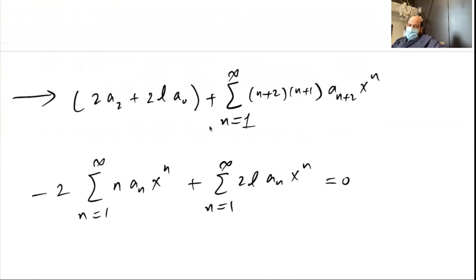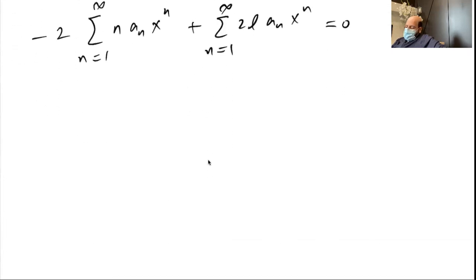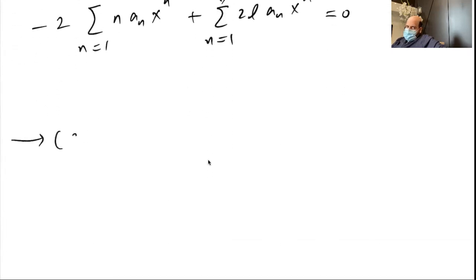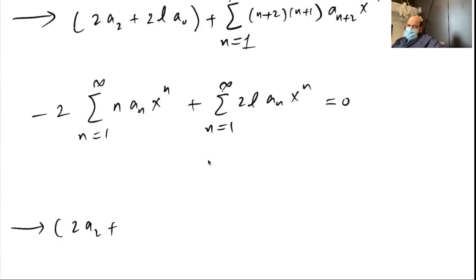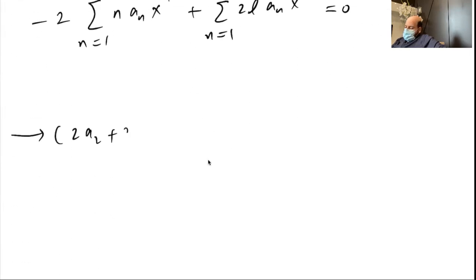So now all these three sigmas have the same starting index and same power for x to the power n. So they can be combined together. So I can say 2a2 plus 2la0 plus sigma n from 1 to infinity.